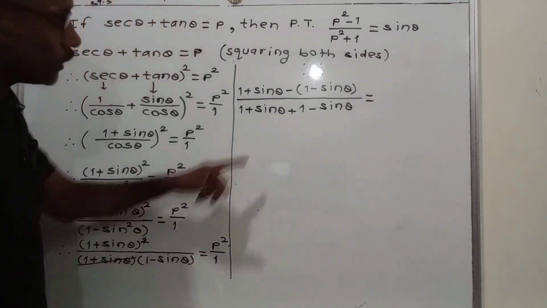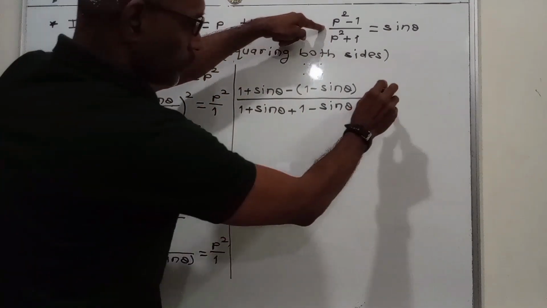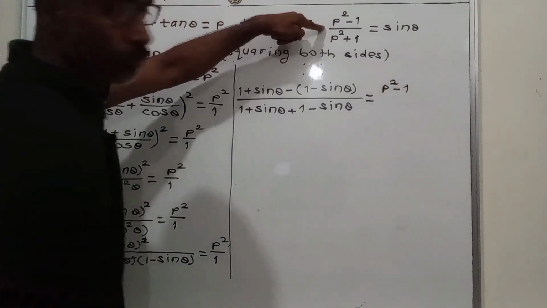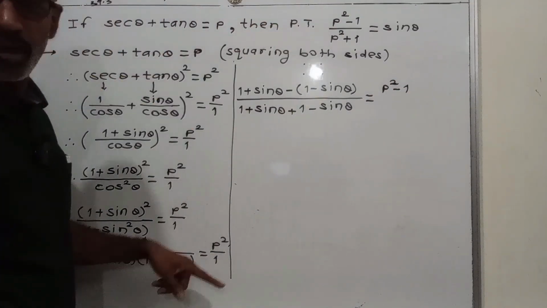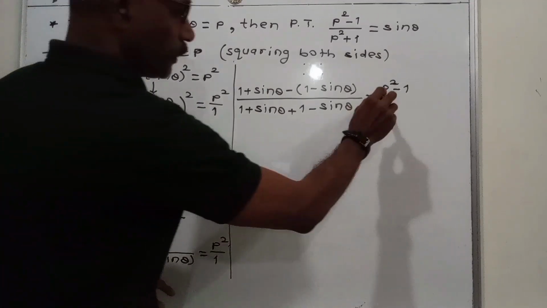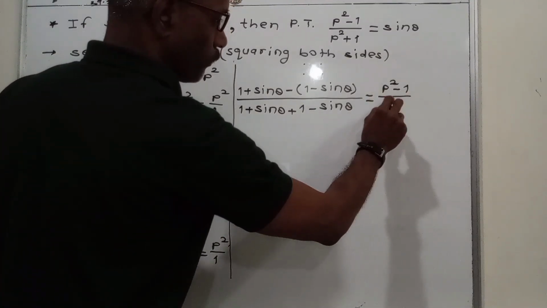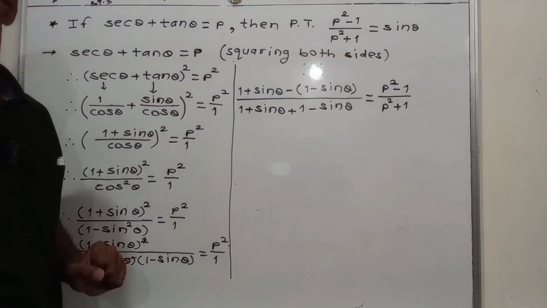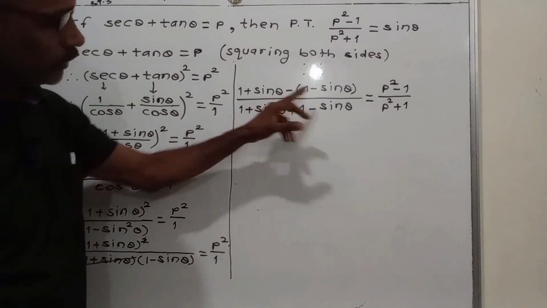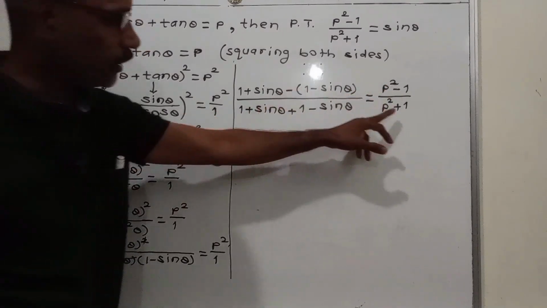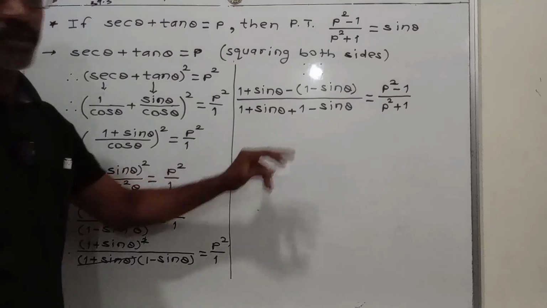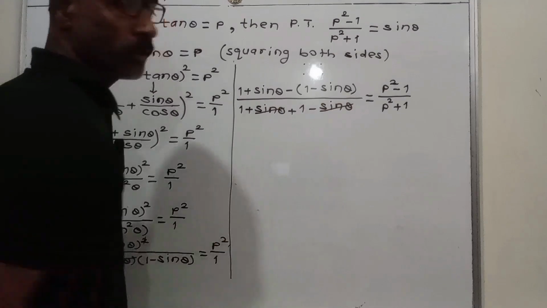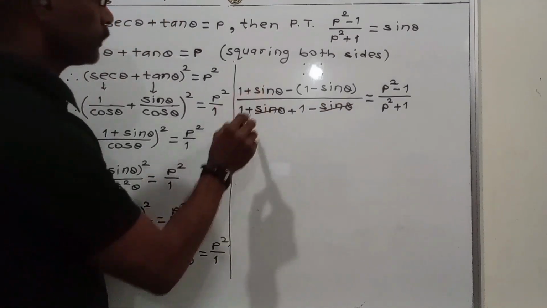is equal to, we see this, we want this, means p square minus 1. We subtract this denominator from numerator and here we add p square plus 1. Did you get it? Same to same. Same way here. Here subtraction, so here subtraction. Here addition, so here addition. Now see this. Sin theta plus minus cancel.